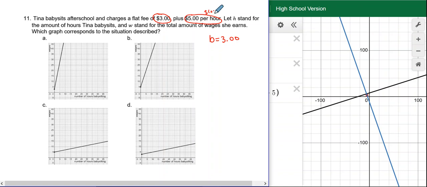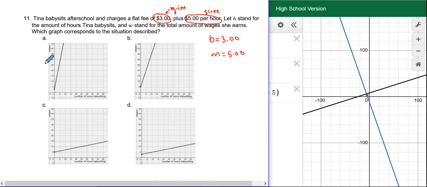Slope is $5. And then your y-intercept here, this is your y-intercept, your initial point or your starting point. So it looks like it starts at 3. So this one starts at 3, this one starts at 5, and this one starts at 3. So these two. And then it looks like it's a slope of 5.